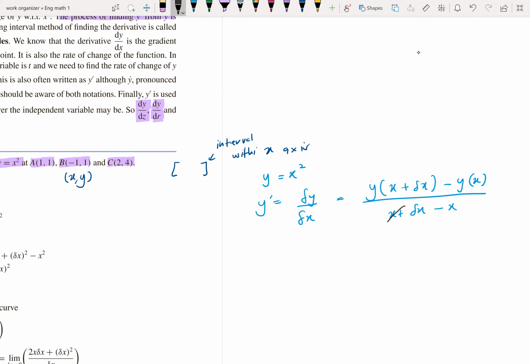So this one can cancel. What is left is y of x plus delta x minus y of x, over delta x.